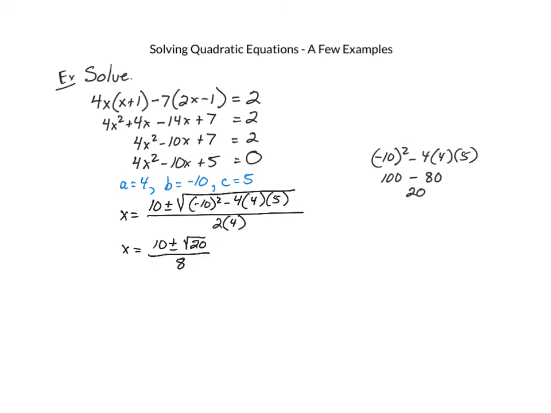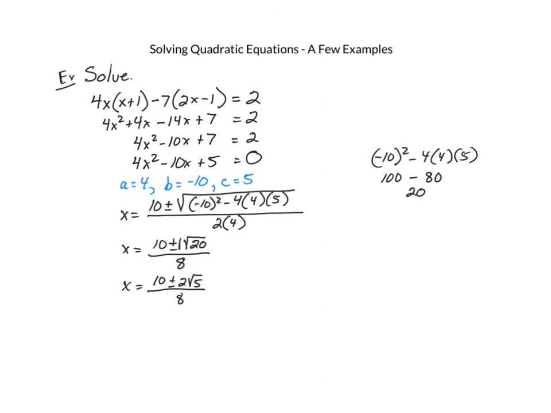I don't have a visible common factor yet because my coefficient right here is a 1. Notice what I'm looking at, looking for a common factor. I see a 10, a 1, and an 8. So I don't have a common factor visible yet, but I'm going to simplify the square root of 20. So we get x equals 10 plus or minus 2 square root of 5 over 8.